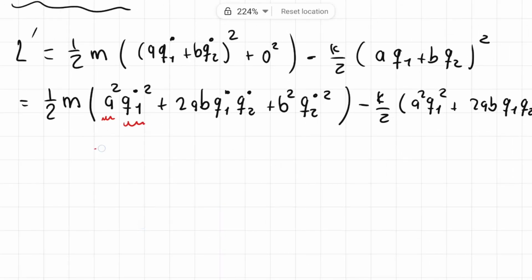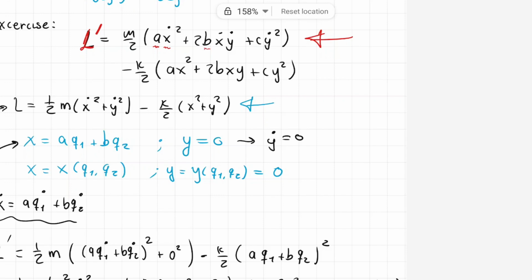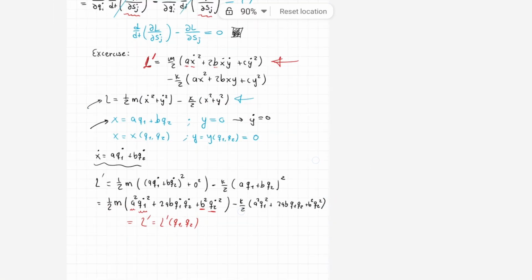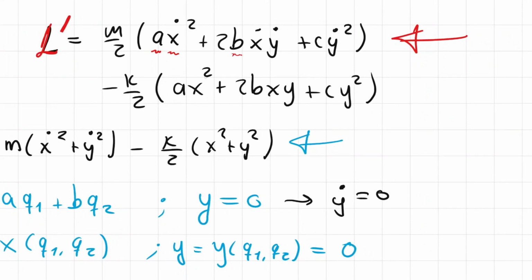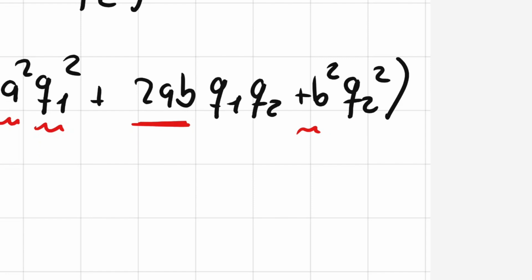I mean that this Lagrangian is going to be a function of q1, q2, like this, okay? Perfect, and again, we see that we have plus a constant times y dot squared. So we have a constant times q dot squared. And then we have something similar in this expression. We have a constant times x squared plus a constant times xy plus a constant times y squared. And that is what we have here. We have a constant times q1 squared plus a constant times q1 q2, and then a constant times q2 squared.